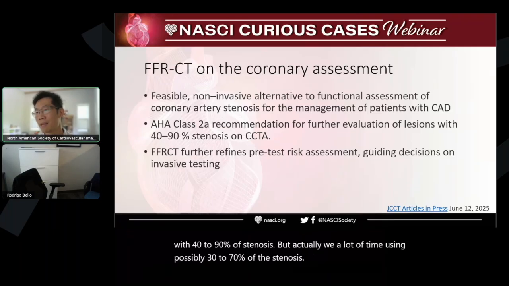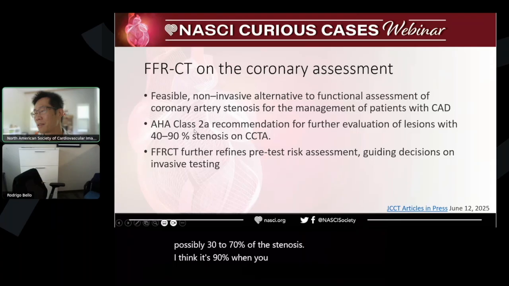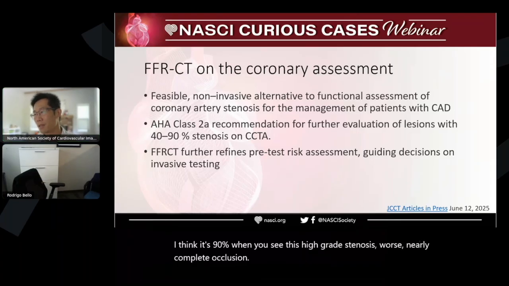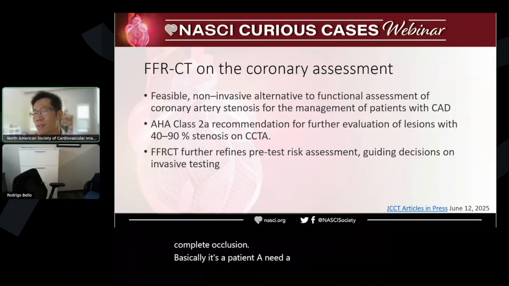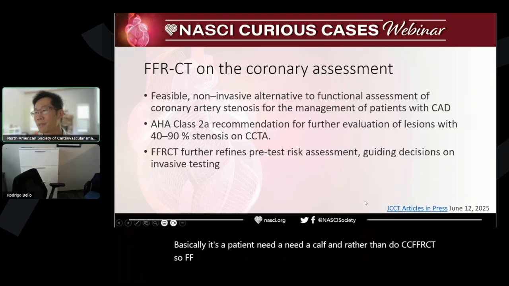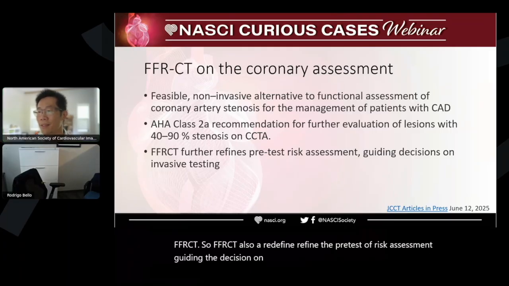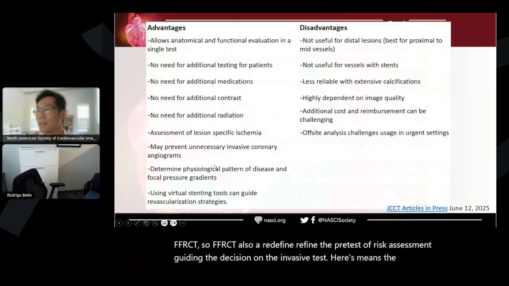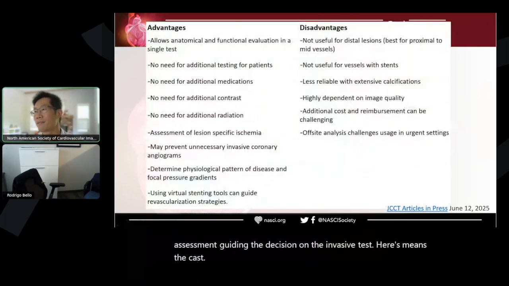I think it's 90% when you see this high-grade stenosis, nearly complete occlusion. Basically, that patient needs a cath rather than an FFRCT. So FFRCT also refines the pretest risk assessment, guiding the decision on the invasive test, here meaning the cath.